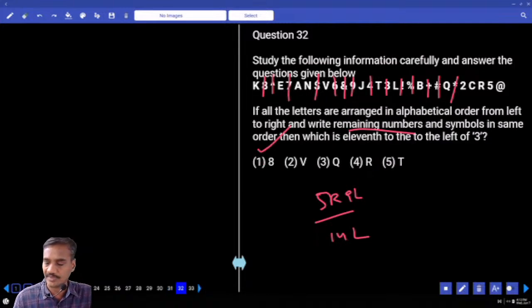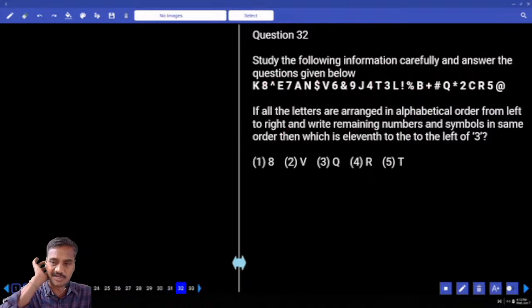Then 32, if all the letters are arranged in alphabetical order from left hand side to right hand side and write the remaining numbers and symbols in the same order, then which is 11th to the left of 3? Now we need to find out the 11th to the left of 3. Now 3 is at this place.